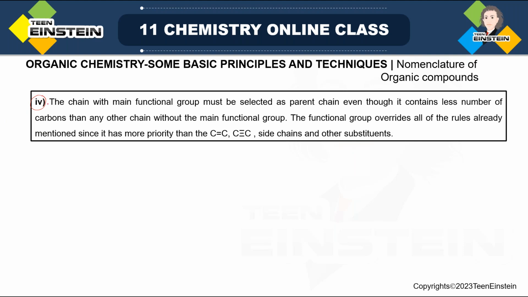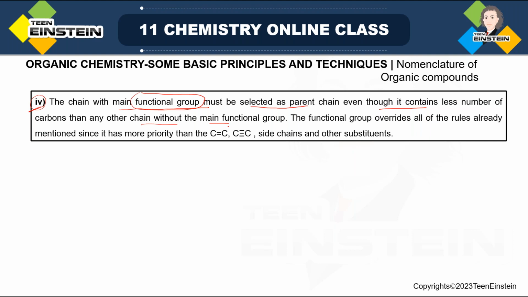Okay, so this 4th point says that the chain containing the main functional group must be selected as the parent chain. Where the functional group is present, that must be chosen as the parent chain, even though it contains fewer carbons than any other chain without the main functional group.